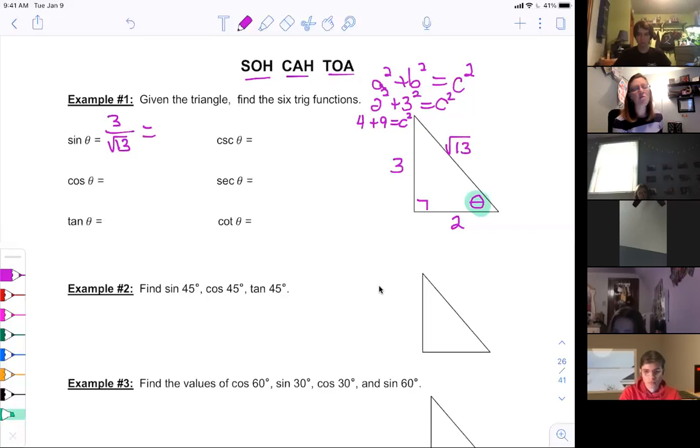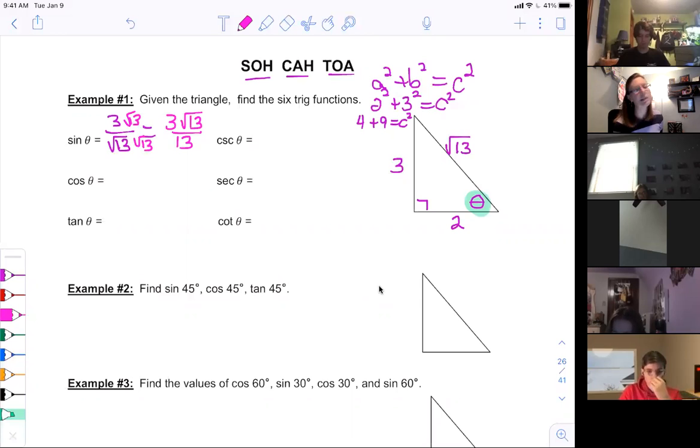But you also know that you can't leave a square root in the denominator, so we have to rationalize. If you need to show the rationalize step, that's fine, but if you can skip it, that's awesome as well. So it would be 3 over root 13, but once you rationalize, multiplying both top and bottom by the radical, I end up with 3 root 13 over 13.